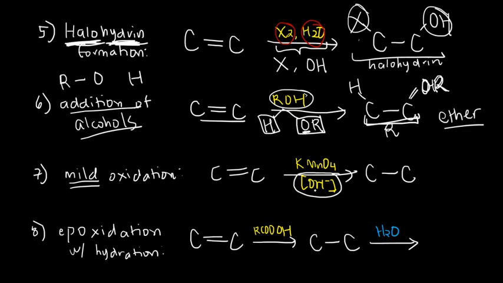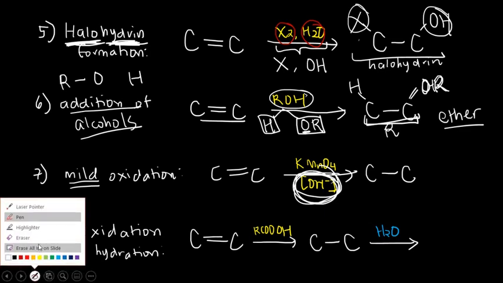So this is important because in another recording, I will explain something called strong oxidation that instead uses KMnO4 but in acidic medium. So that's entirely different. You should take note of this. Now, what do I get?